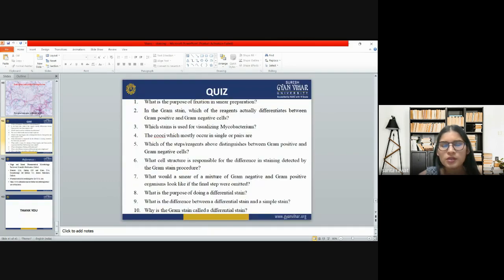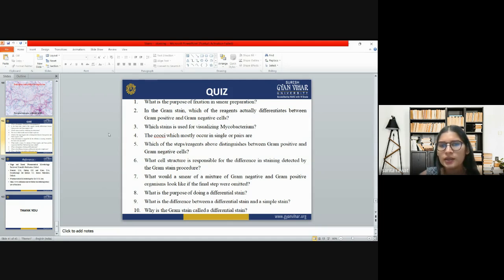Now this is all about your staining techniques, and now we have some questions regarding this lecture. You can easily answer them while going through this lecture. The questions are: what is the purpose of fixation in the smear preparation?